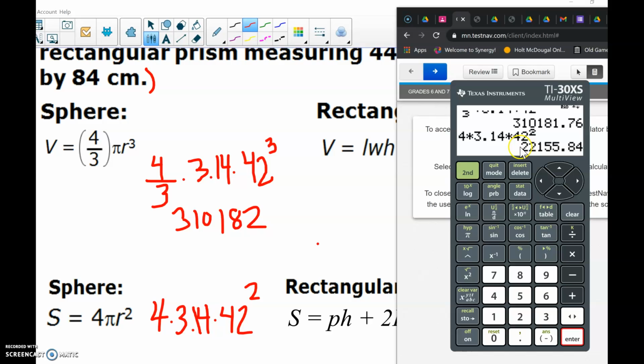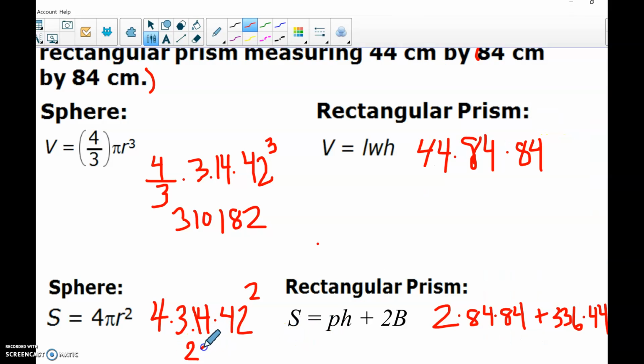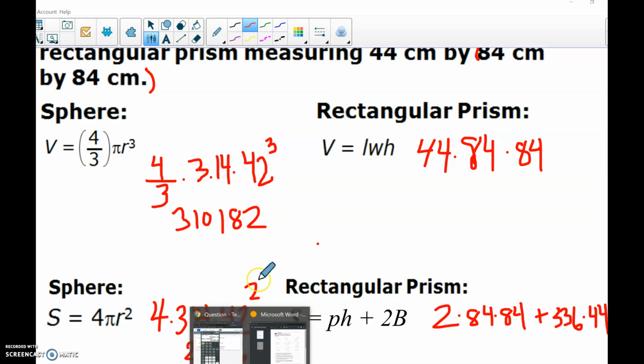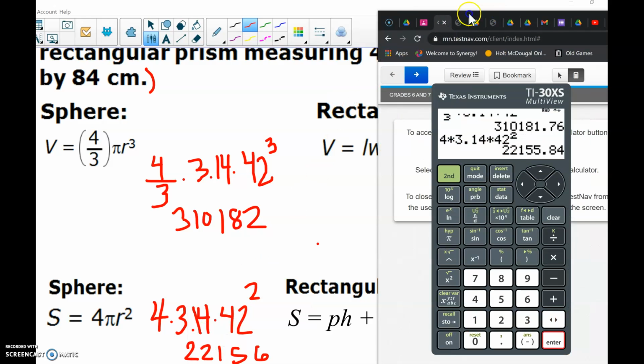And I got 22156 if I round it. Okay, versus the volume and surface area of this rectangular prism.